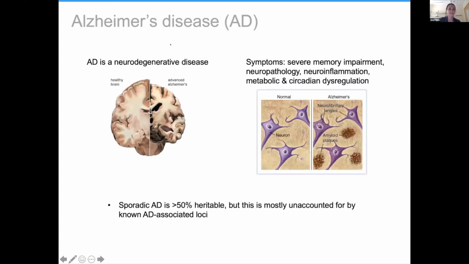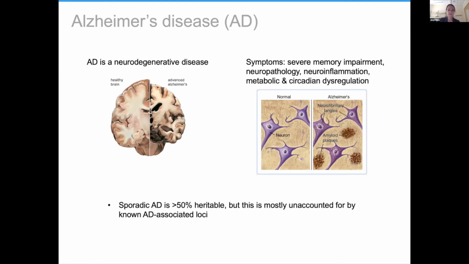Alzheimer's disease doesn't need much of an introduction, especially after Anne's introduction earlier today. But I will point out that Alzheimer's isn't just a disease of memory impairment. That's the most salient trait, but it's also characterized by metabolic dysfunction and other non-cognitive symptoms. There are both familial and sporadic forms.